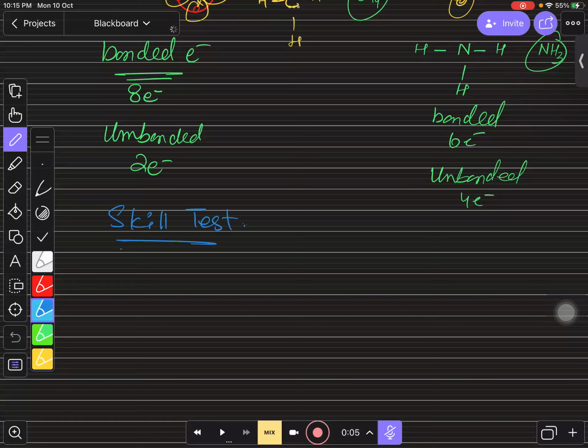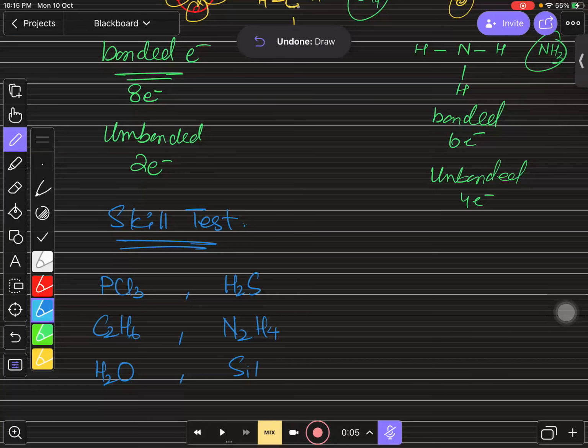You need to draw PCl3, H2S, C2H6, N2H4, the water molecule, and SiCl4, or we can write SiF4 here, or you can draw CF3Cl.